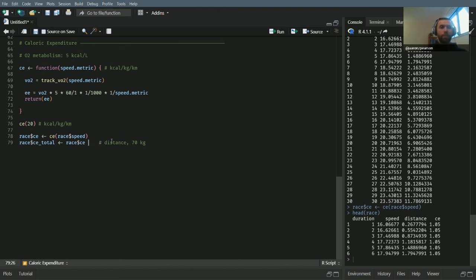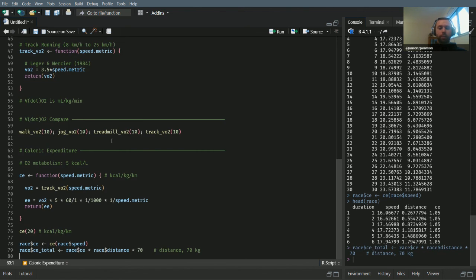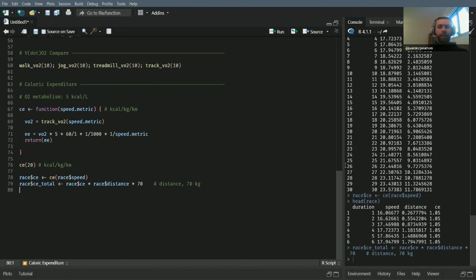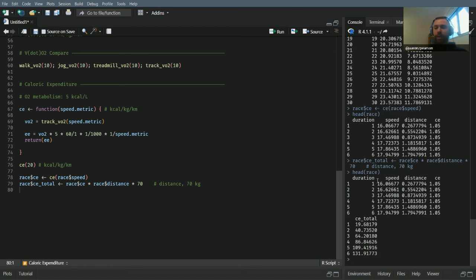So we're going to multiply this by the distance they have traveled, multiplied by their mass of 70. So we'll hit Control Enter right there. And our last step here, we'll take a look, and there we have it. So we have an increasing amount of calories burned per minute.